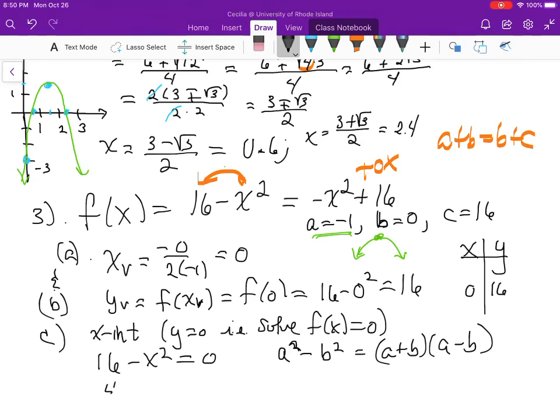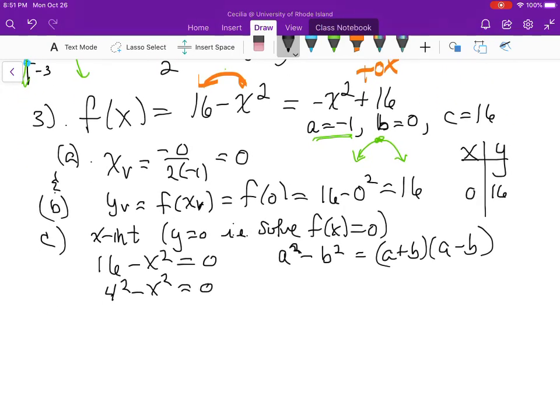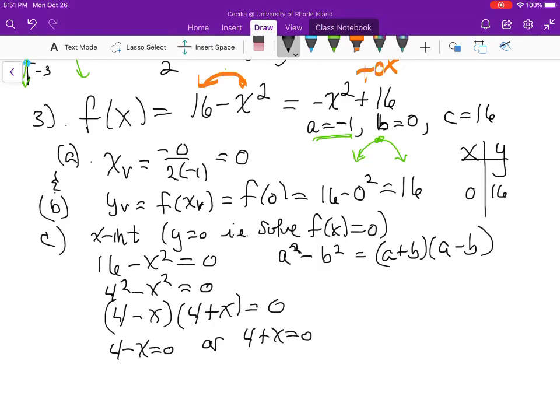So we can think of this as 4 squared minus x squared, and work with this as 4 minus x times 4 plus x equals 0. So in that case, we can set 4 minus x equal to 0 or 4 plus x equal to 0. Adding x to both sides, we get that 4 equals x. Or subtracting 4 from both sides on this one, we can say that x is equal to -4.